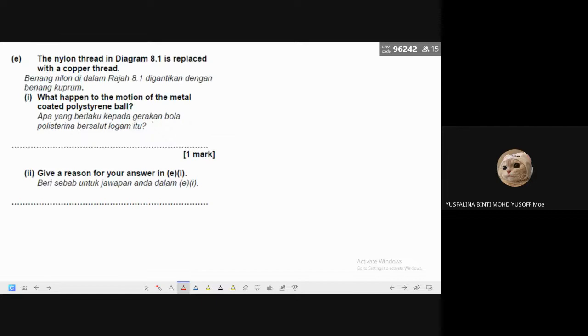Okay, very good. Now it says, right, the nylon thread in diagram 8.1 is replaced with the copper thread. So what happened to the motion of the metal coated polystyrene board? Okay, the first one they use nylon and they replace it with the copper. So give the answer, give a reason for your answer in E1. What happened to the motion of the metal coated polystyrene board?